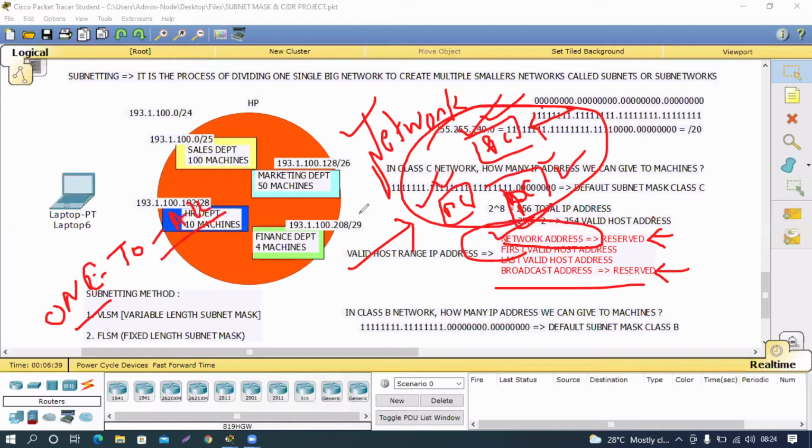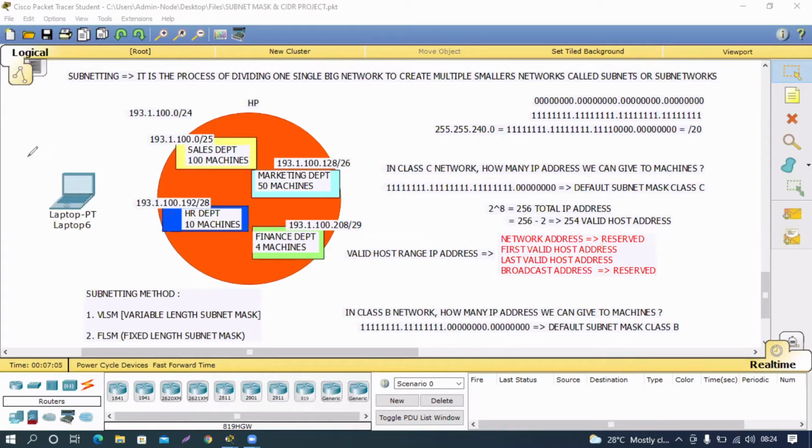If any of the systems wants to communicate with all the systems in this network, this is when they use the broadcast address. So these reserved addresses you cannot give to any laptop, desktop, server, router, or any of these network devices. The addresses we can give to our machines, like our PCs, in a network is this range of addresses. It is called the valid host range, and it basically starts from the first to the last.